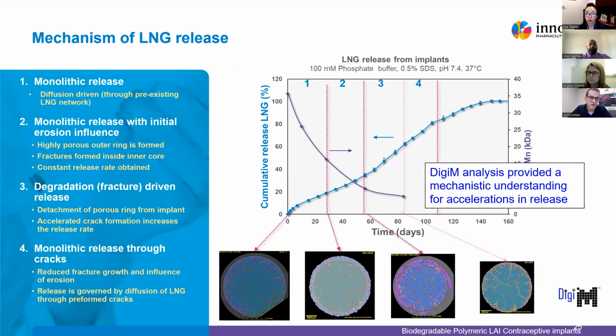What we ultimately did here was uncover, through the analysis of different time points, how the implant is degrading, how the polymer is degrading, and what that means for the overall dimension and mechanical properties of the implant. So as we look along here from left to right, we see how the drug release front is penetrating from the outside to the inside of the implant.